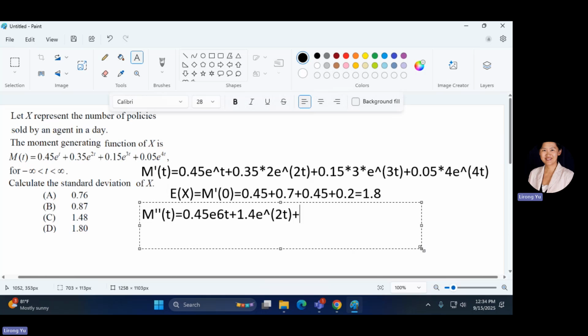The third term times another 3 is 1.35 e to the 3t. The fourth one times another 4 is 0.8 e to the 4t.